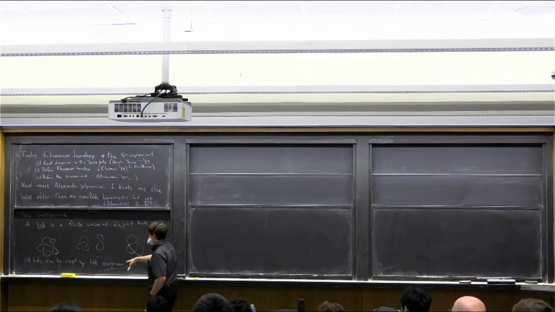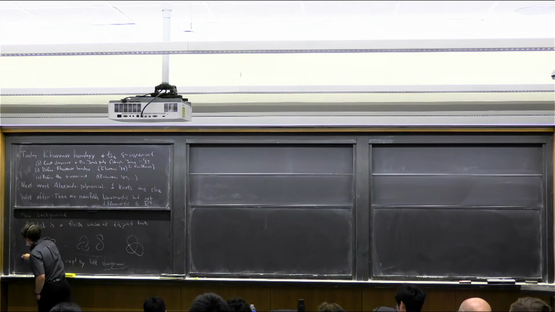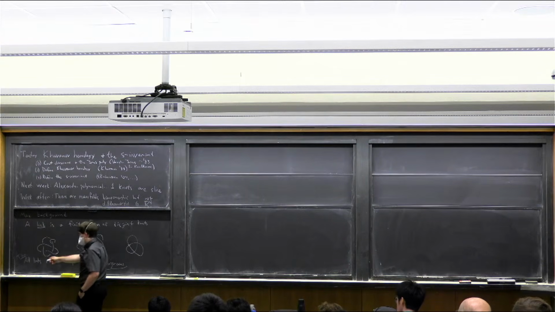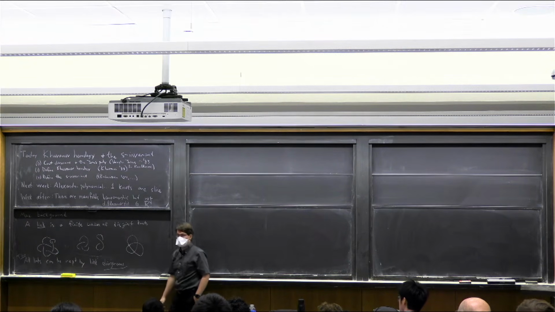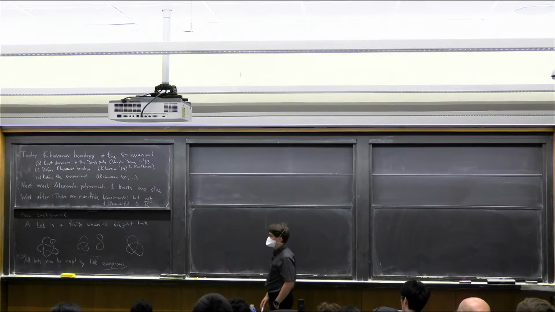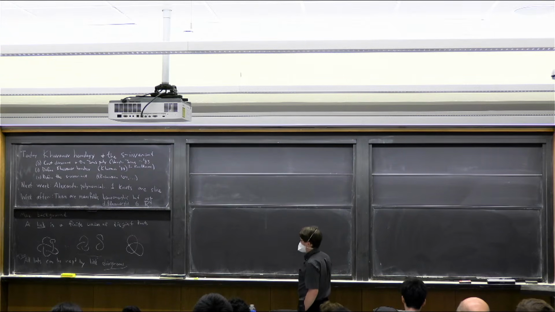So I guess this was a theorem that all links can be represented by diagrams. That requires that they be locally flat, like we were saying during the lecture last time. That's part of my definition. OK.